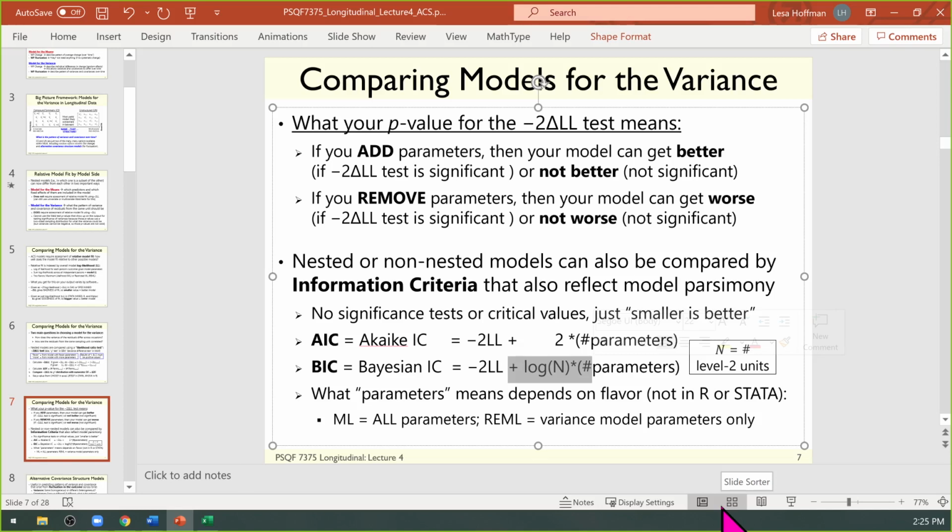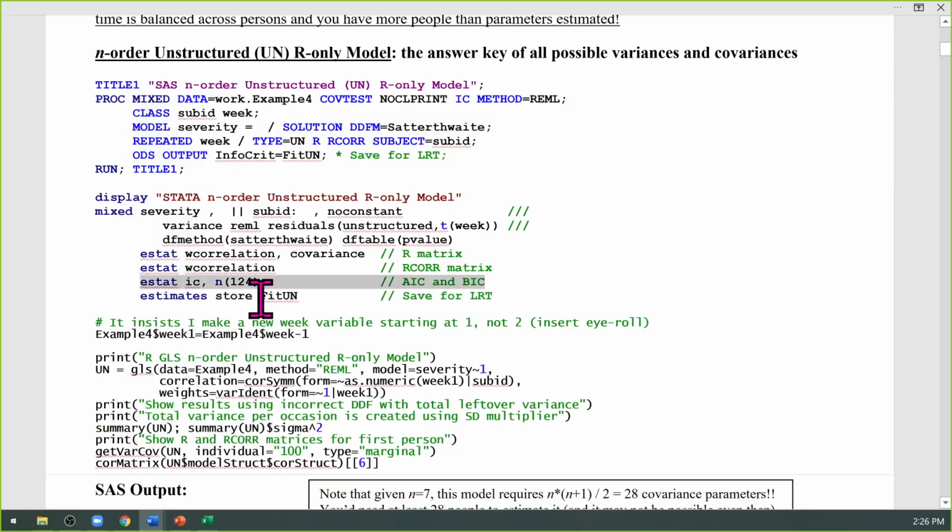Some programs think that N is number of people. Some programs think that it's total number of observations. I don't remember what Stata does by default, but I remember learning that it is not what SAS does and how to fix it. So I have manually put in the sample size that I want it to use in creating IC, that's information criteria. So AIC and BIC are two specific flavors of information criteria. And thank you for pointing that out.